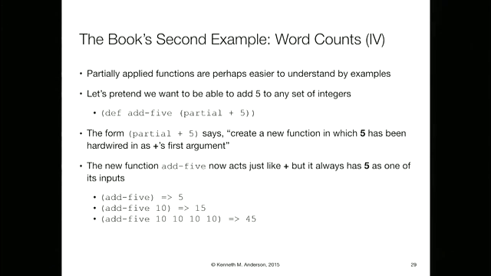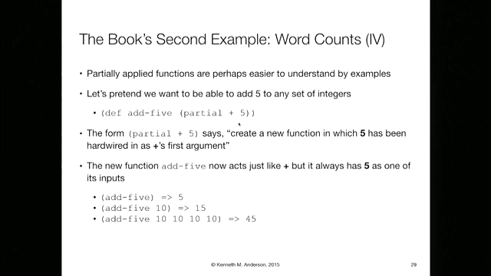Let's create a function that's called add5. And so the way we create partially applied functions is with the macro partial. And we tell it what function we're going to be partially applying. And then we give it the arguments that we want it to know. Now remember, plus is one of those super crazy functions that can take 0, 1, or multiple parameters.